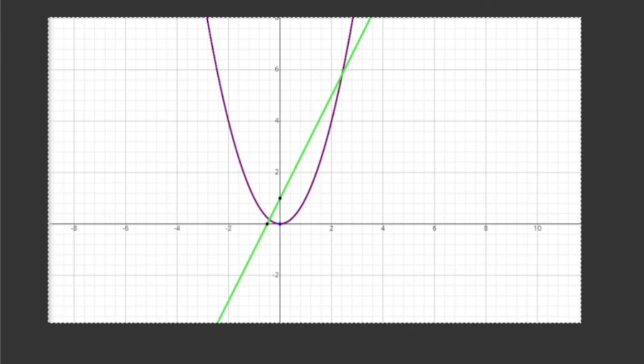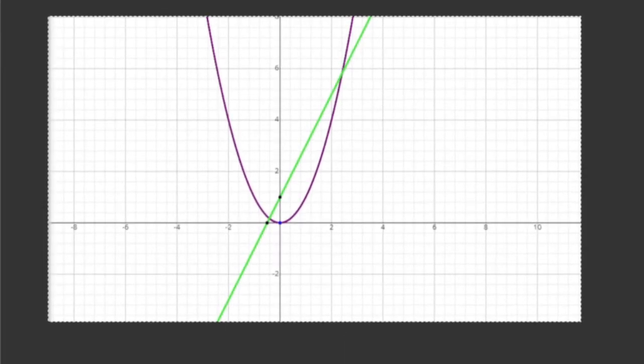As you can see, this yellow graph is cutting the blue graph at exactly 2 points. That's an example of a secant line.